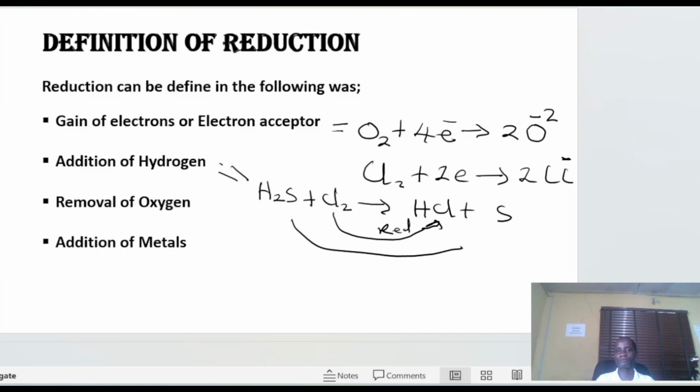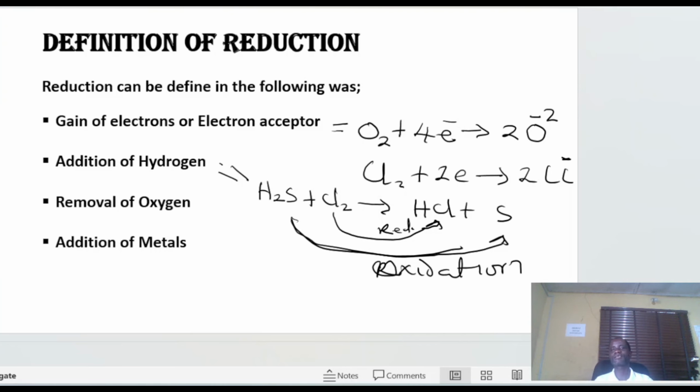From here will be reduction, and this oxidation. This oxidation, from hydrogen sulfide to sulfur, is oxidation, while chlorine gas to hydrochloric acid is reduction.